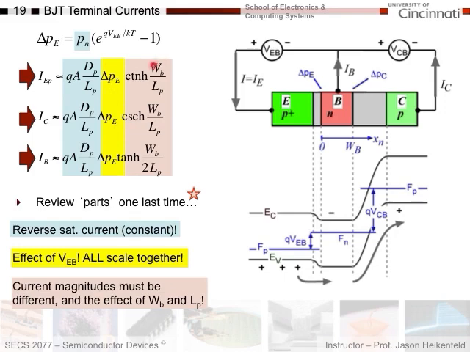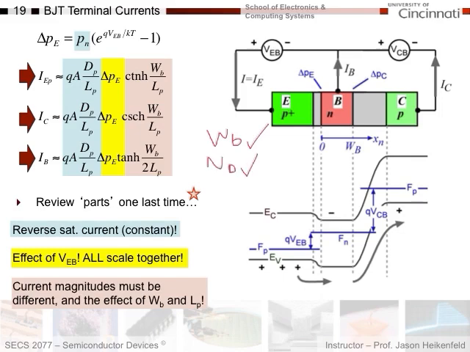And the last thing I need is a way to differentiate between these things, because if I have a good BJT, I know they're not equal, and so you have these hyperbolic trig functions, which essentially make the emitter and the collector current much greater than the base current. And lo and behold, the exact type of things we said were important for a BJT, we said we cared about base width, right? And we said that we cared about having a low doping level in the base.